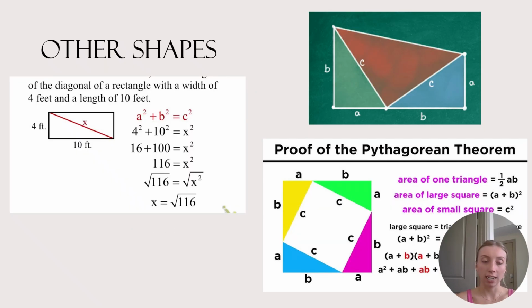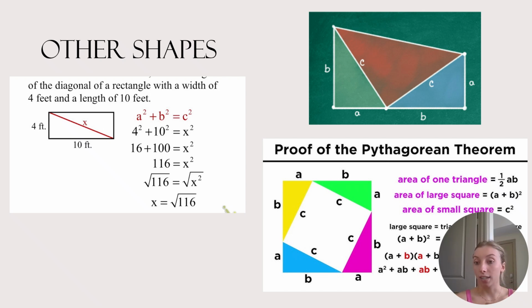Okay, now I found this really interesting: you think that it's just for triangles, but we can use it to calculate the diagonal of rectangles. So here it's basically just putting two right triangles together. This one also works, so not just with rectangles, we can also use a square.